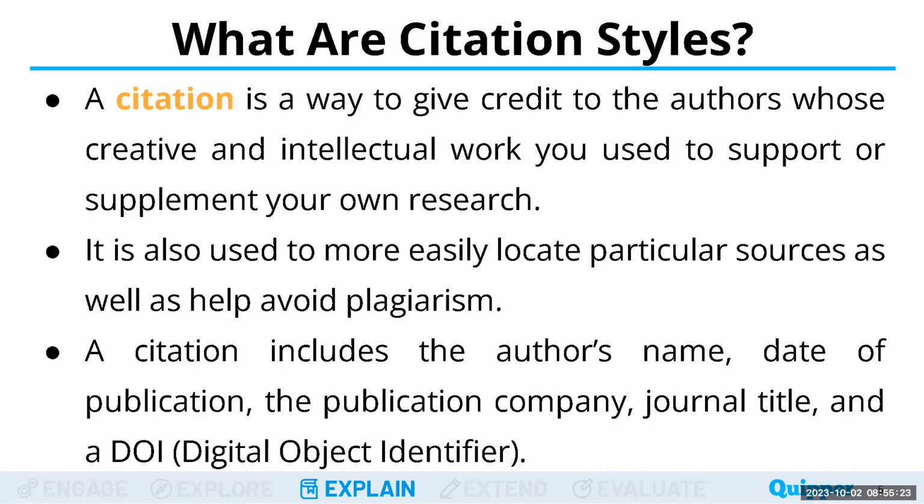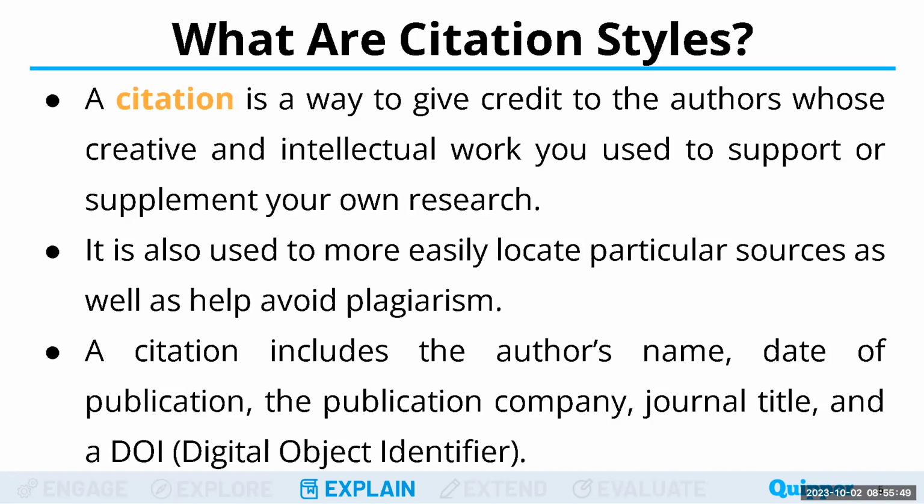So if you're going to use citation styles properly, then we are going to be able to easily locate the sources of these information. A citation includes the author's name, date of publication, the publication company, the journal title, and a DOI or digital object identifier. Sometimes we call it simply as a link.